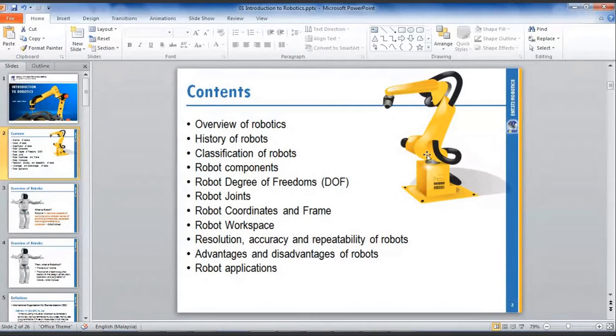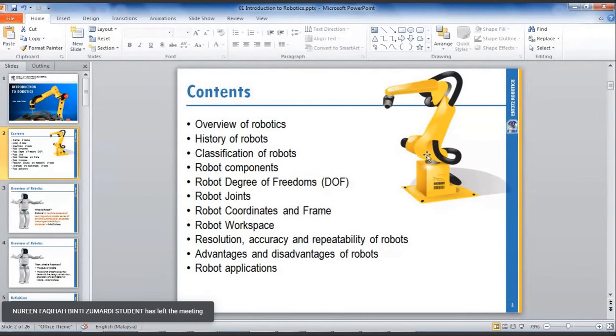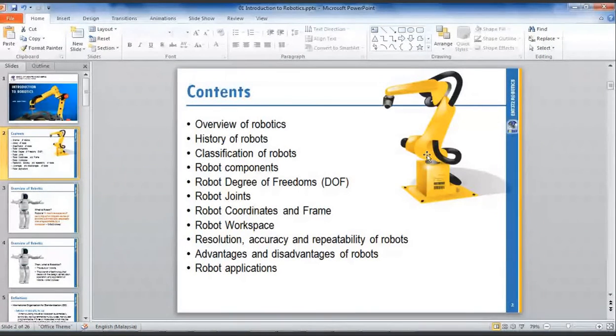Actually, intelligent mobile robot is to give you knowledge regarding how to program a microcontroller to interface with actuator, servo motor, and to interface with input sensors. The input sensors we have here are ultrasonic sensor and infrared. So it's slightly different from robotic arm, but it's more toward interfacing program.